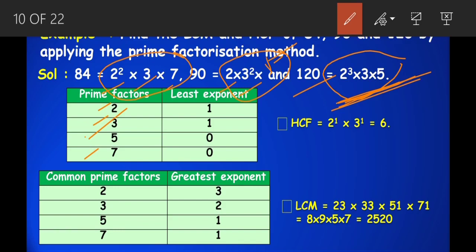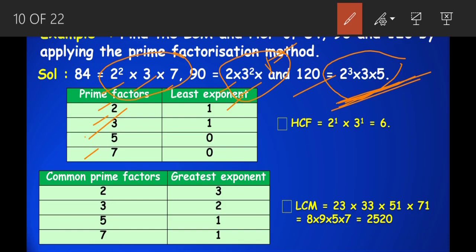But least number of times, how many times are they occurring? In 84, 2 occurred 2 times. In 90, 2 occurred 1 time. In 120, 2 occurred 3 times. So the least number of times 2 occurred is 1 time, in the expansion of 90.